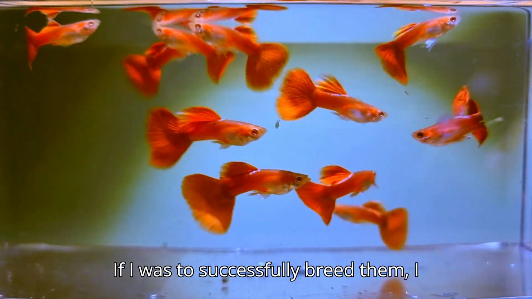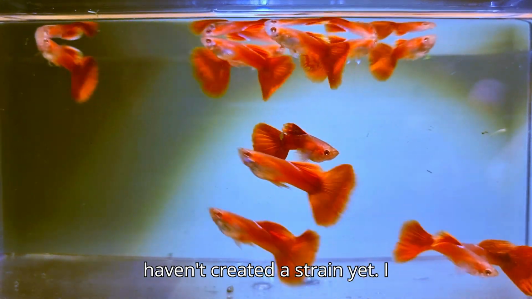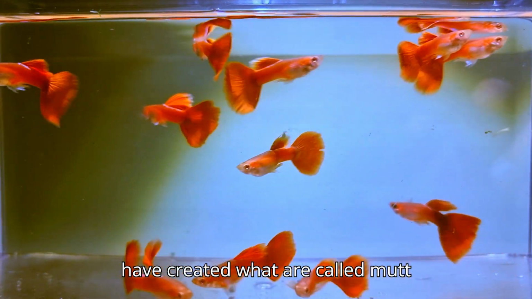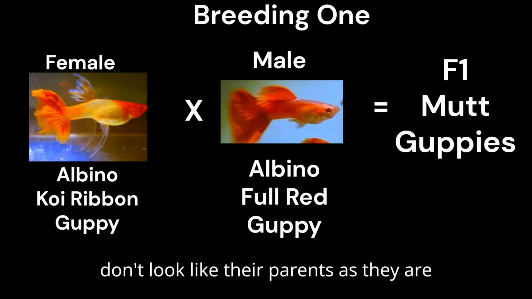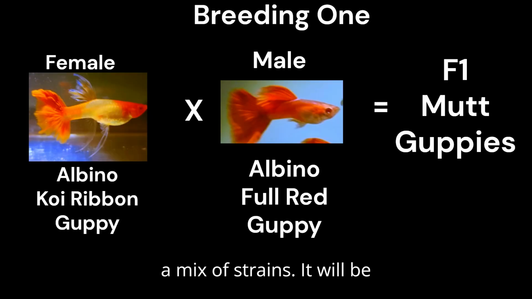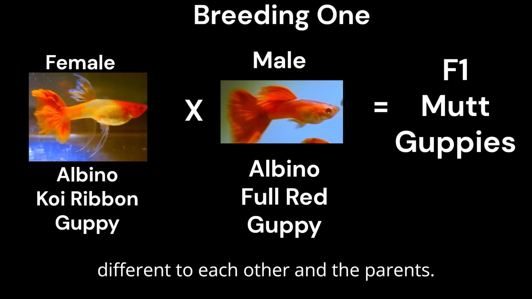If I was to successfully breed them, I haven't created a strain yet. I have created what are called moat guppies. Moat guppies don't look like their parents, as they are a mix of strains. It'll be likely that all the offspring will look different to each other and the parents.